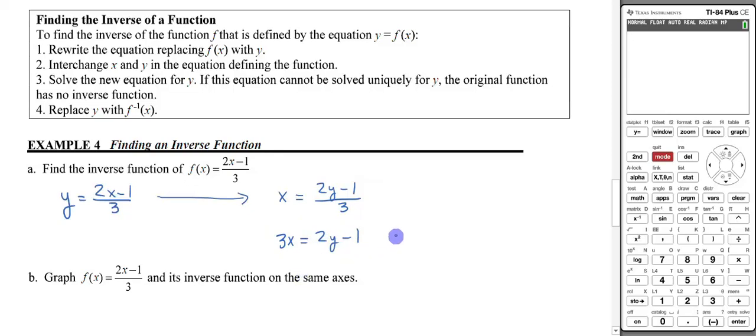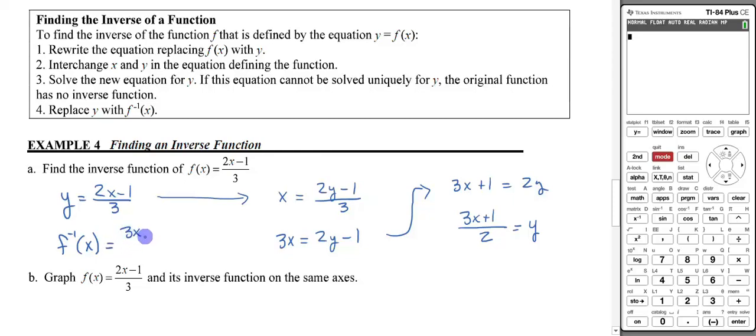Then I'm going to add 1 to both sides. That gives me 3x plus 1 equals 2y. And then I divide both sides by 2. So y is 3x plus 1 divided by 2. The last step is to rewrite in inverse function notation: f inverse of x equals 3x plus 1 divided by 2.